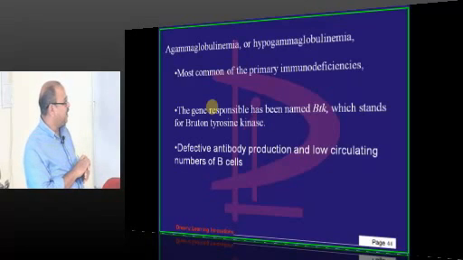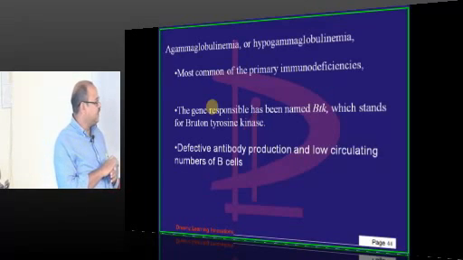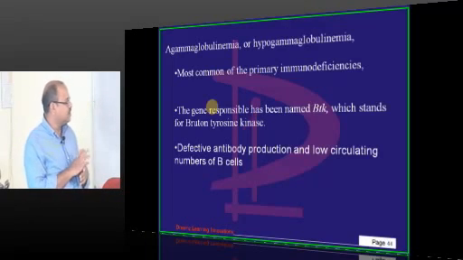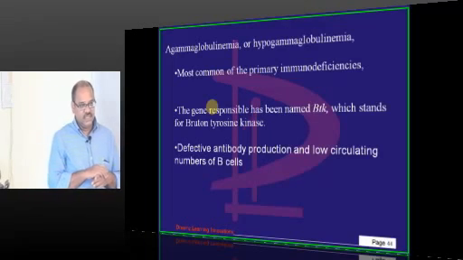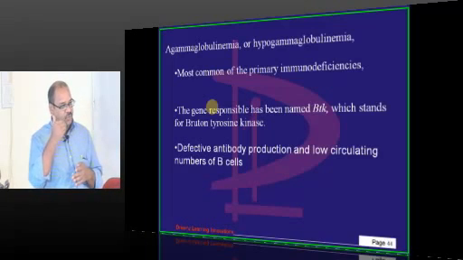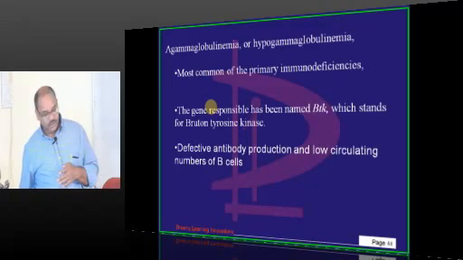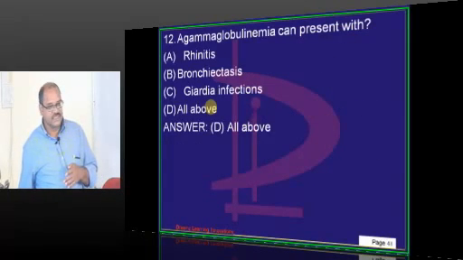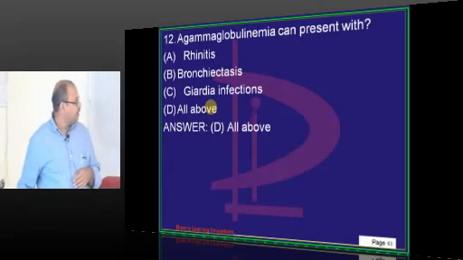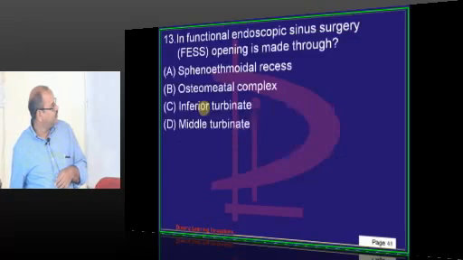The gene responsible is BTK, which stands for Bruton tyrosine kinase, and there is defective antibody production and a low circulating number of B cells. These will impair the immune function of the mucosal membranes, causing the rhinitis, as I told you, bronchiectasis, and in the abdomen, giardia infections. Answer is all of the above.